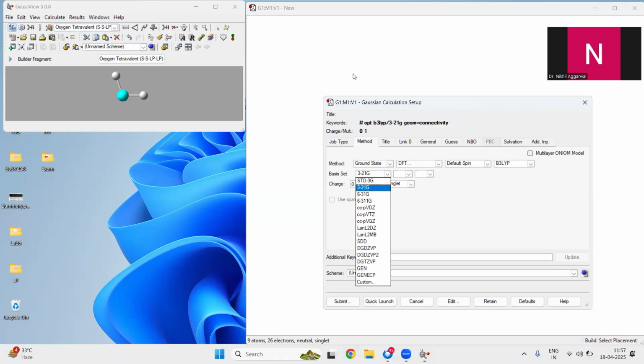So now think about the ethanol. Which basis set should I select? 6-31 or LANL? Exactly. Participants, next question. If you are working on coordination complexes, metal complexes, LANL or 6-31? Exactly, because therein you have the presence of coordinate bonds. Similarly, participants, next.